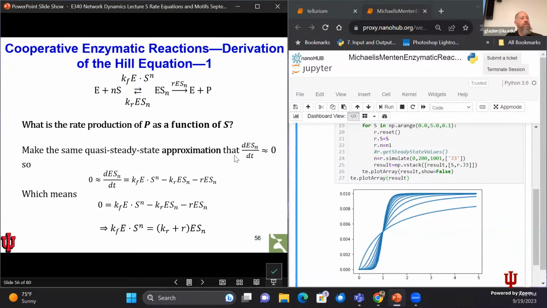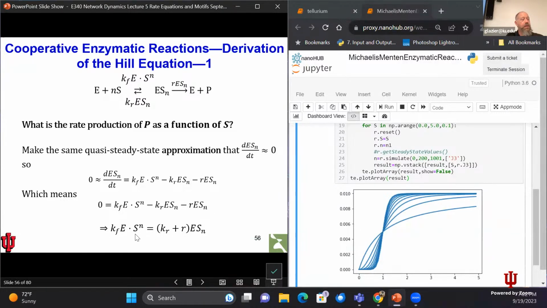So remember what we did before. We said the rate of change of the complex is 0, approximately. The rate of change of the complex is KF E times S to the N minus KR ESN minus R ESN. We set that to 0.